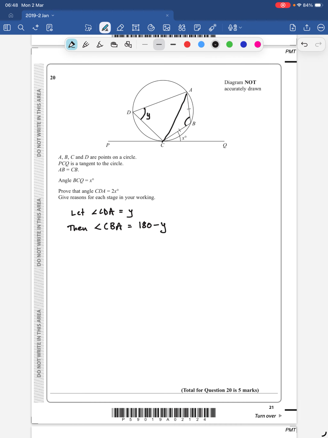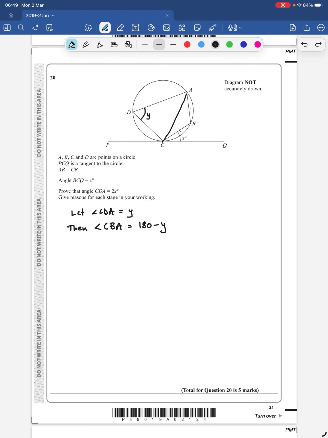So this angle here must be 180 minus y, and I'm using a circle theorem there that the opposite angles in a cyclic quadrilateral, that's a quadrilateral inscribed within a circle where the points are on the edge of the circle, are supplementary. That means they add up to 180. So I know that y plus this one equals 180. So if this is y, this one must be 180 minus y.